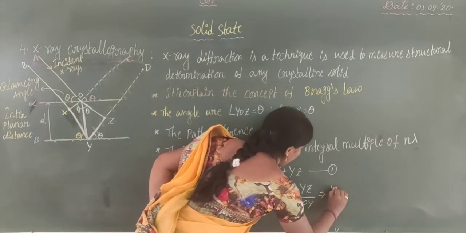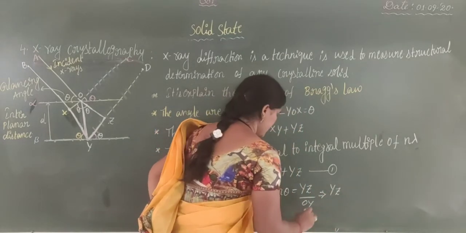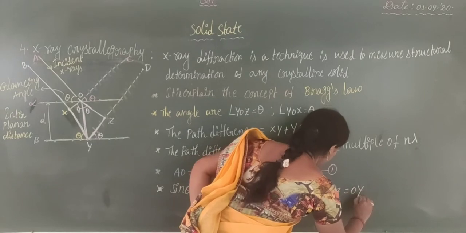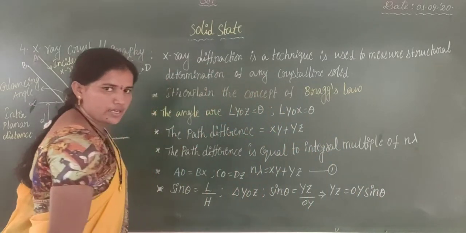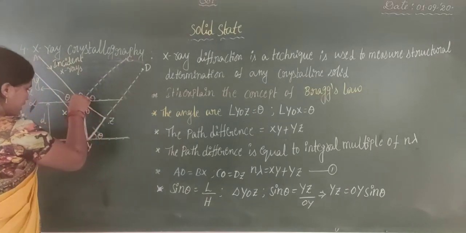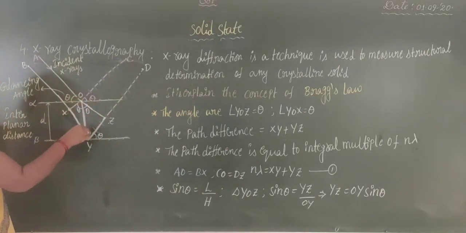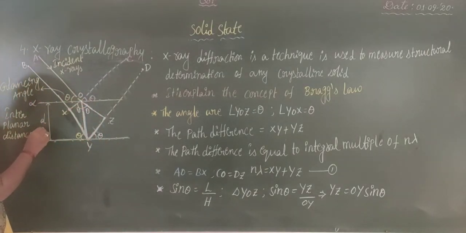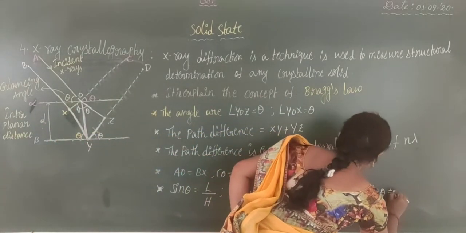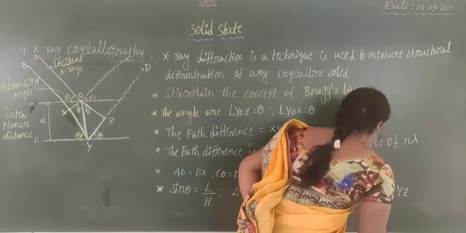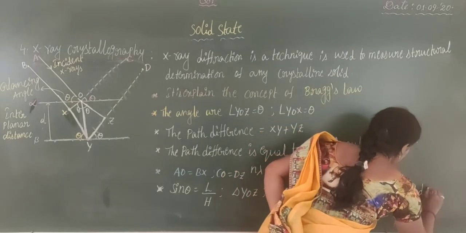From that you can write YZ is equal to OY sin theta. OY is the interplanar distance, which is denoted by the letter D. So YZ is equal to D sin theta.